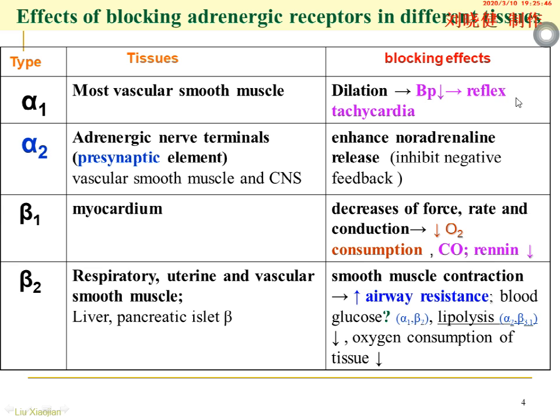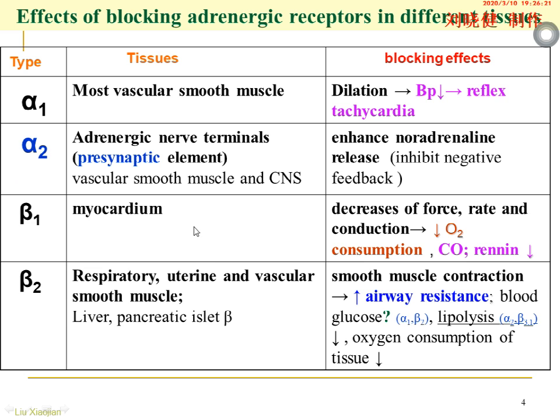So don't forget, there is a reflex in the whole body. Maybe this reflex acts on the heart and induces tachycardia. Alpha 2 receptor, once it is inhibited by some antagonist, its negative feedback in the regulation of neurotransmitter release is inhibited, so it can enhance norepinephrine release from the nerve terminal.